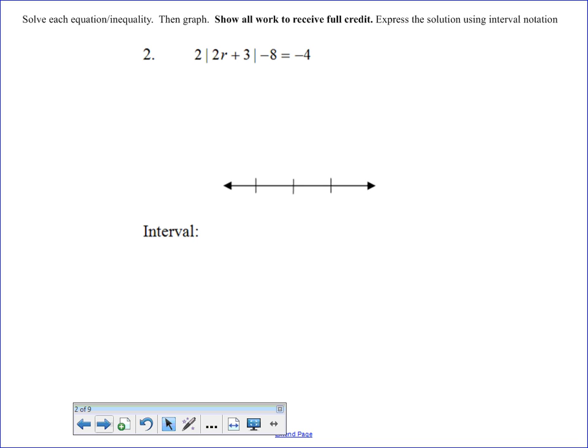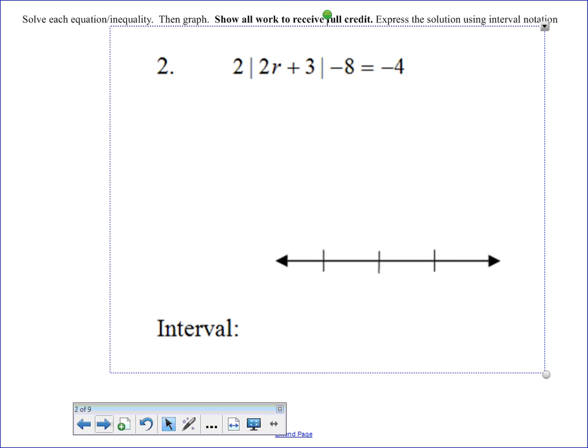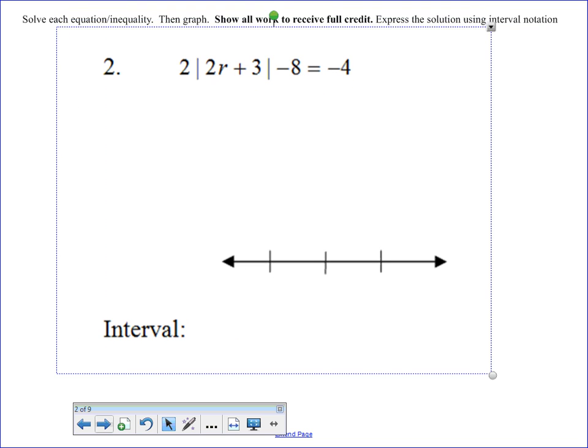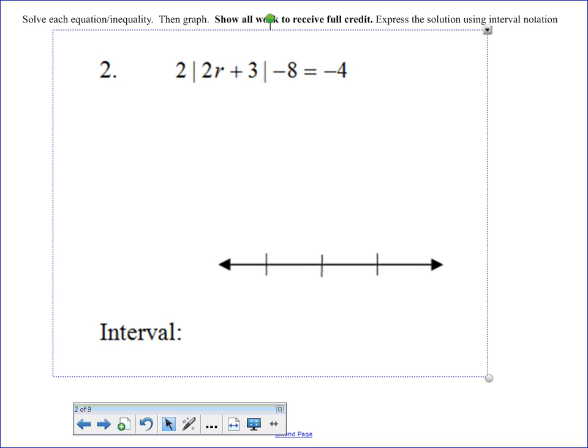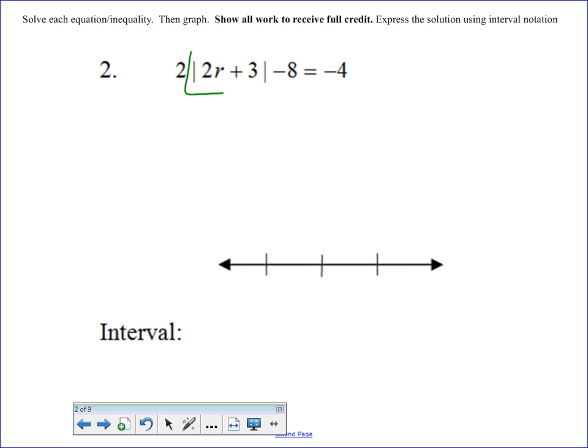All right, so now we have the problems where it says solve each equation or inequality, then graph, show all work, and express the solution using interval notation. So I'm actually going to make this a little bit bigger, to give myself a little more room to work. I need to get the absolute value part of the problem alone.